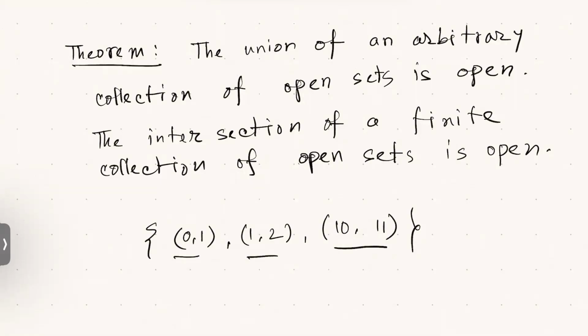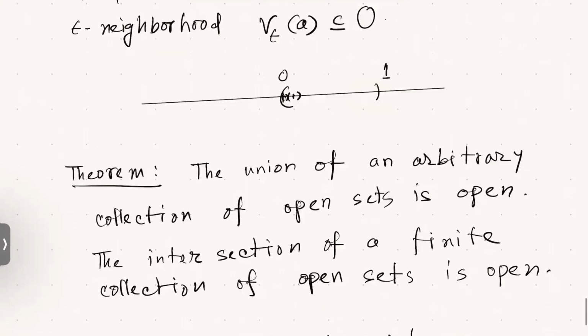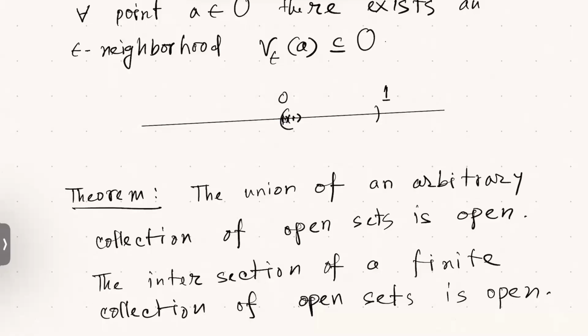So why is this true? What is the definition of an open set? We can consider the epsilon neighborhood for all points such that the epsilon neighborhood is contained in the set. So let's say I have a picture, something like this. Consider these sets are open.